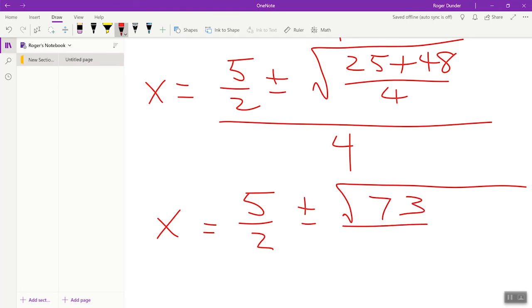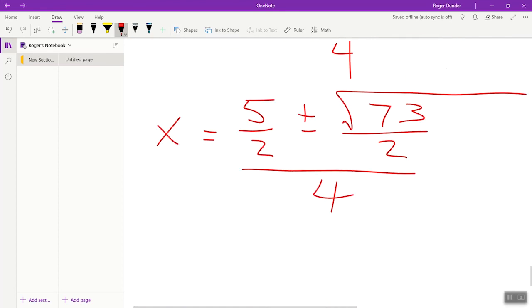And this is over 2 now because the square root of 4 is 2, and the whole thing is divided by 4. And I always do this, it's annoying. I get my x way up there in the air, which doesn't make any sense. Should be down here, x equals like this.